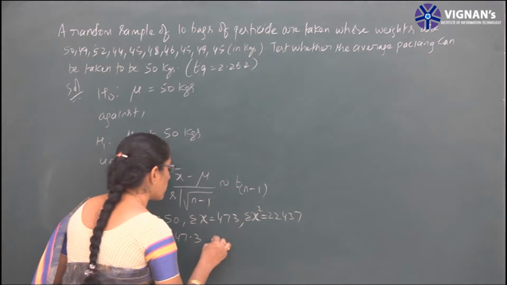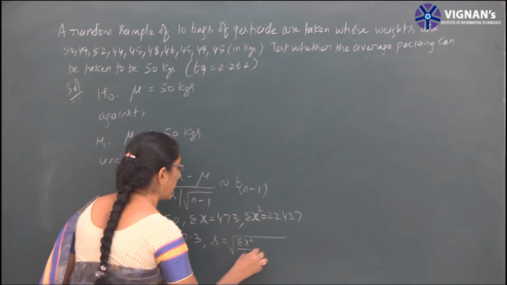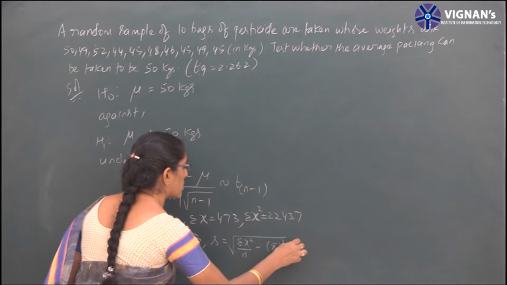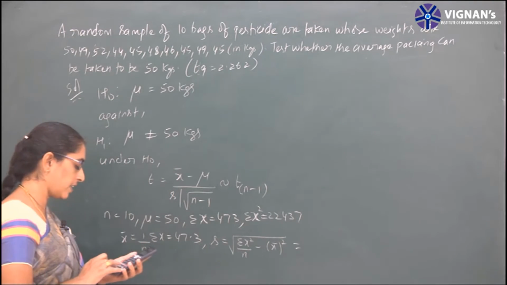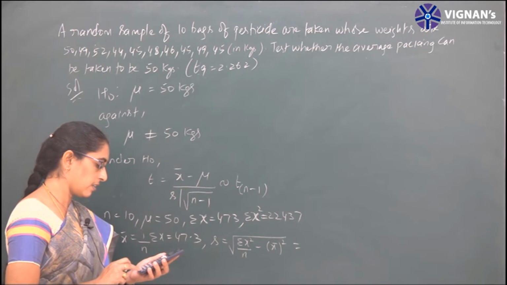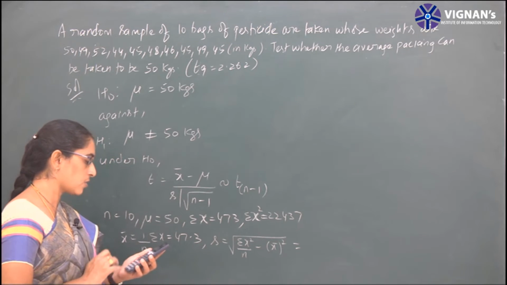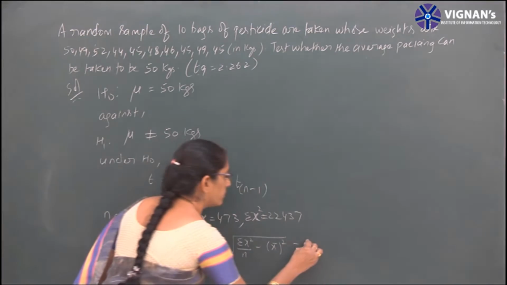Now the small s formula is square root of summation x square by n minus x bar square. This can also be obtained using the calculator, shift 2, second option, which gives you the value of small s. So this is 2.531.